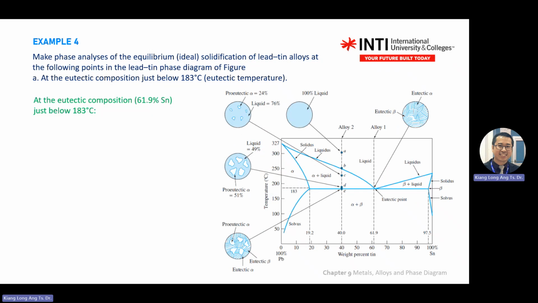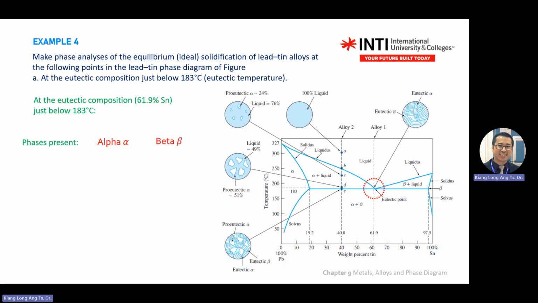So what you do is at the eutectic composition, you need to write how many percent Sn, just below 183. Just below 183 means alpha and beta already, meaning there's solid there. So you write the format: phases present. What do you see?